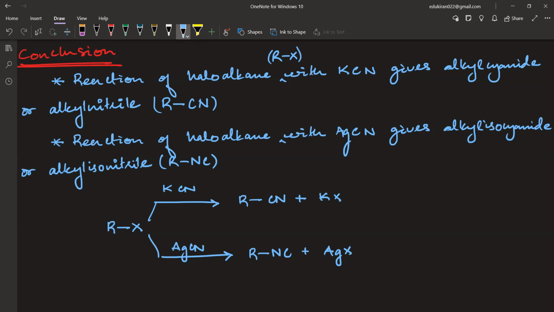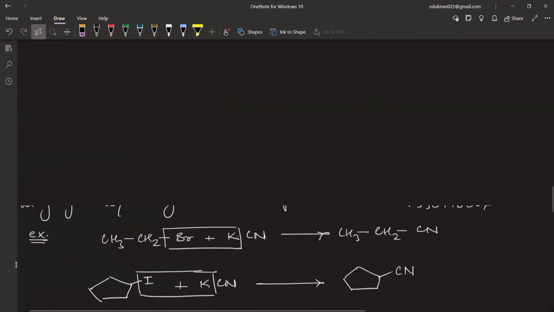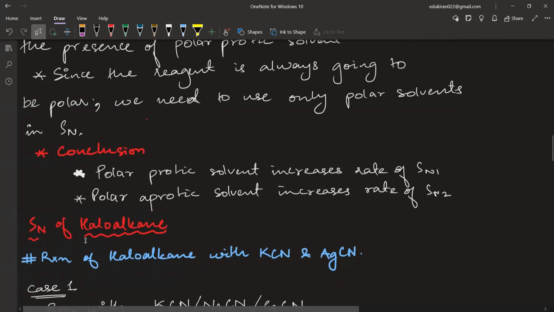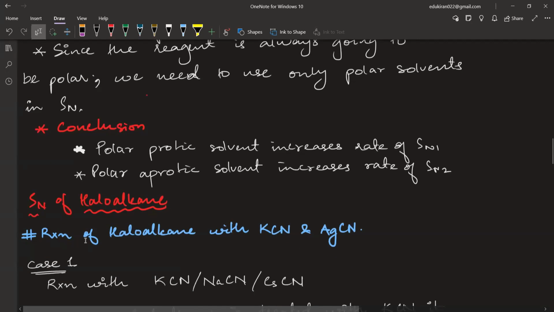So done. Now we have another reaction which is important. What is that reaction with? One similar thing we did: the reaction of haloalkane with KCN and AgCN. Then we will do KNO2 and AgNO2.